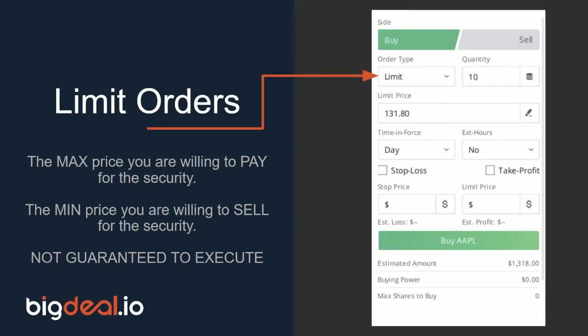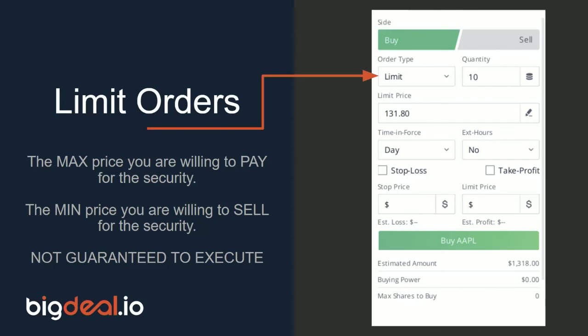So say that it is trading at $135, and the stock price is kind of fluctuating, and you say, okay, I'm going to sell this if it goes down to 131.80. I execute a limit order here, and if it hits 131.80 and I'm able to sell it at 131.80 in the market, it will do it.